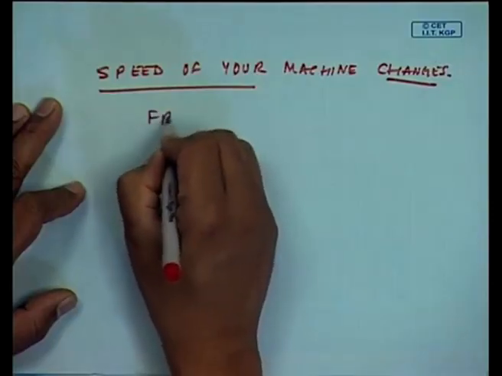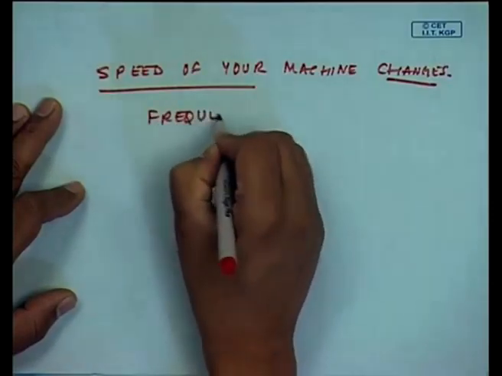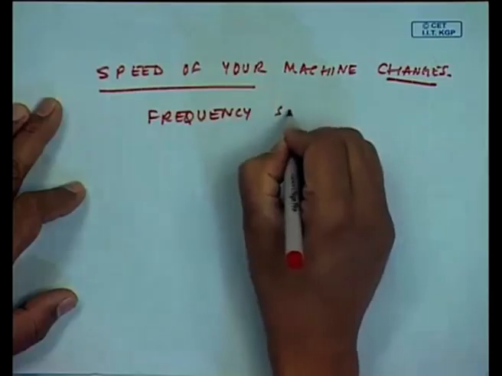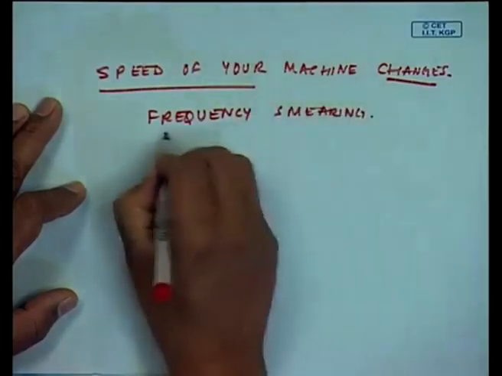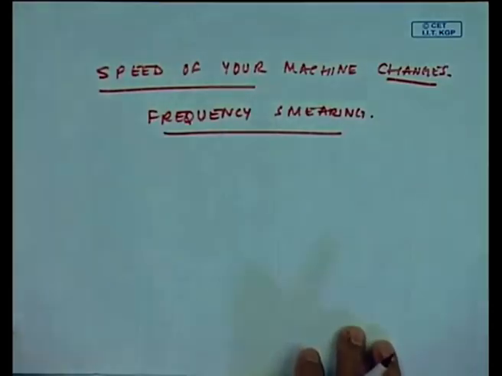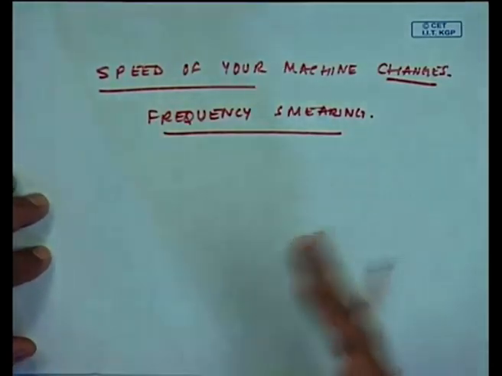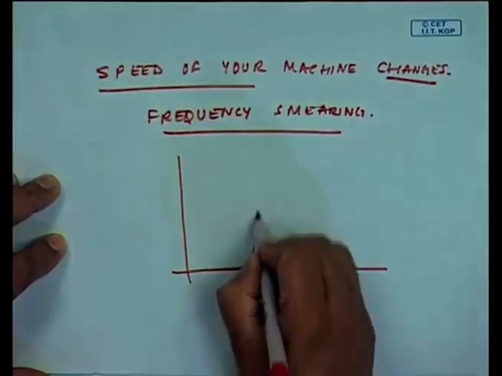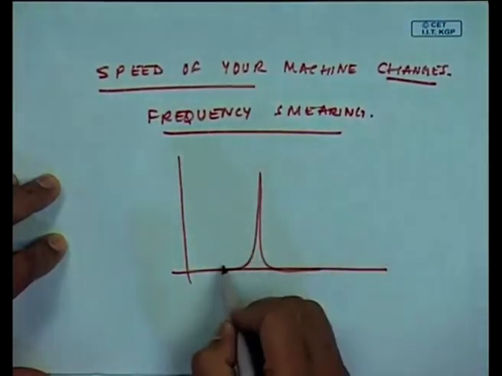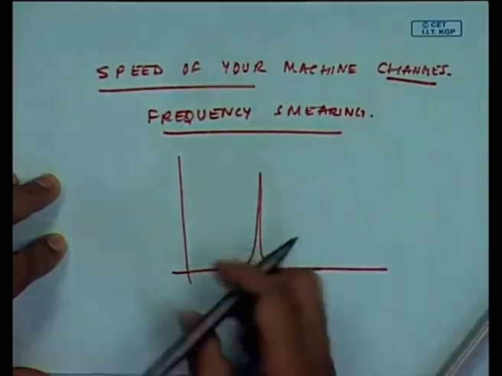We will have frequency smearing, okay, because once it was, say, 10 hertz, next time it was 10.1 hertz, next time it is 9.1 hertz. So, if you do multiple averages, instead of getting a sharp peak, you will land up with a signal like this.